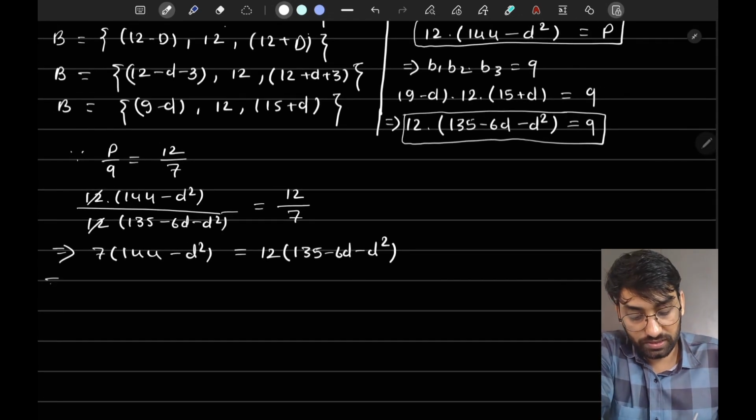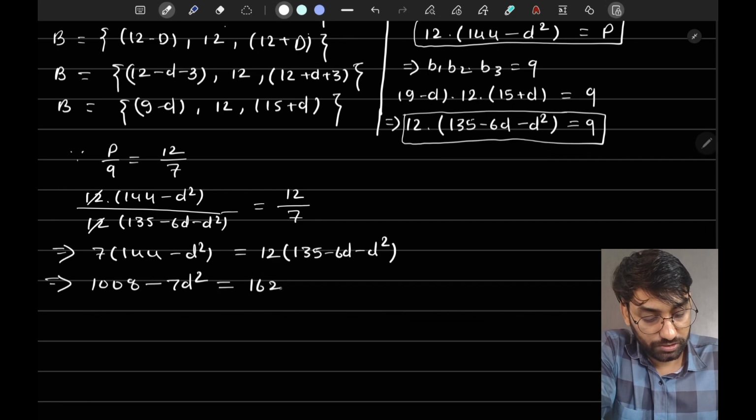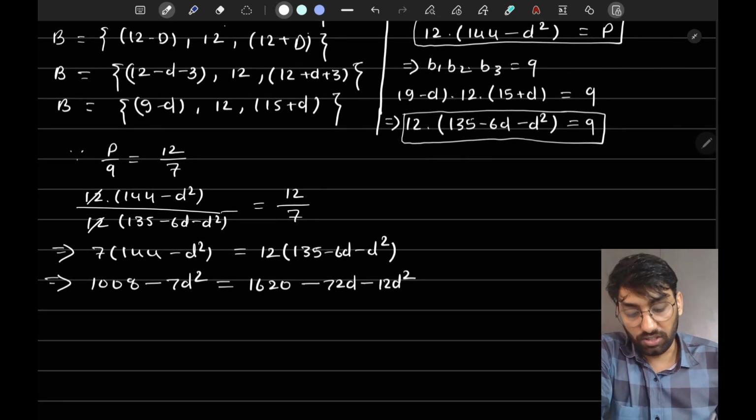Now let's substitute it and multiply here. So I get 1008 minus 7d square equals 1620 minus 72d minus 12d square. Correct? Now I'll take all these things to this side.